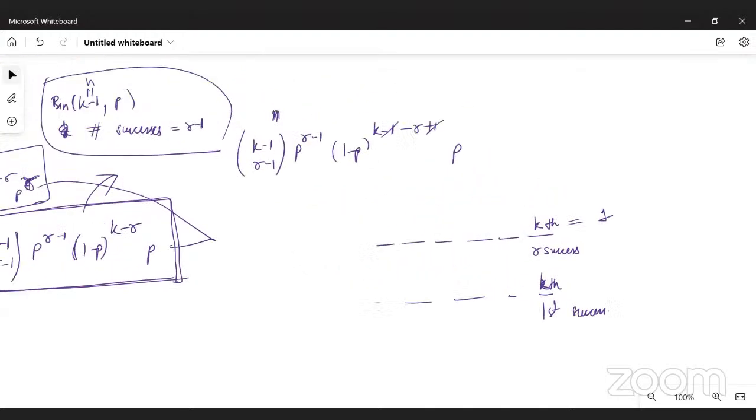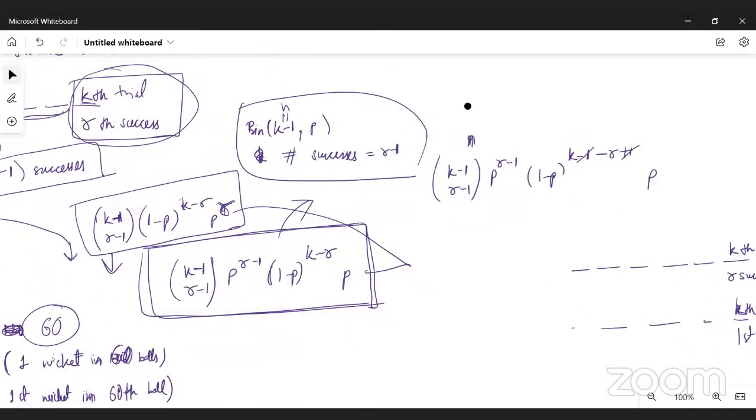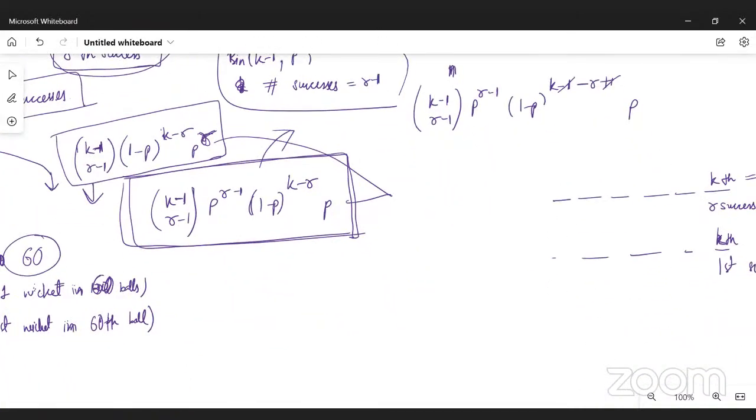So this was your formula, with all failures before that. You just put r equal to 1 here. So you will get k minus 1 choose 0, P to the power 0, 1 minus P to the power k minus 1 into P. So k minus 1 choose 0 is what?